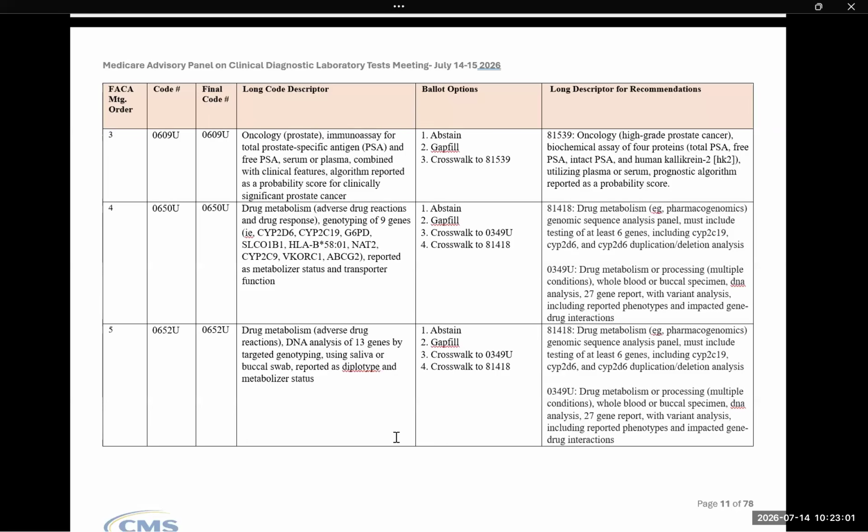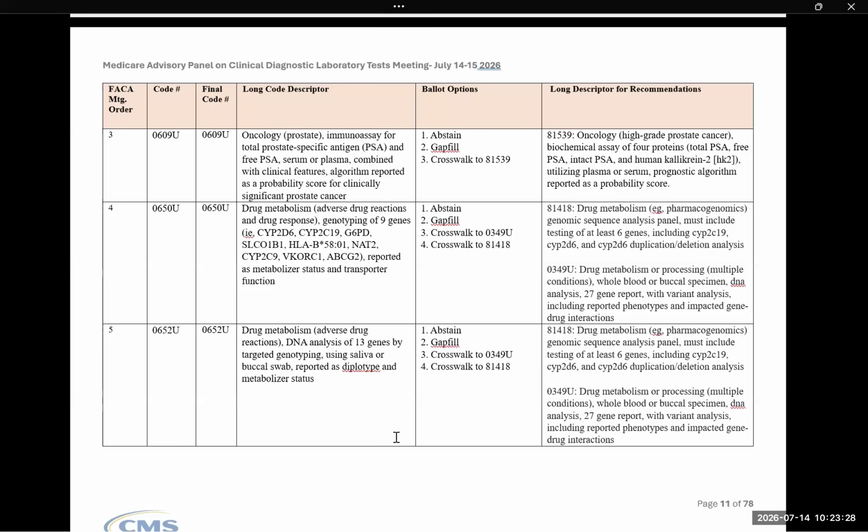So this code refers to a targeted multi-gene pharmacogenomic genotyping of 9 genes. 81418 is a category 1 multi-gene pharmacogenomics panel that includes about 6 genes, matching the methodology and resource use.